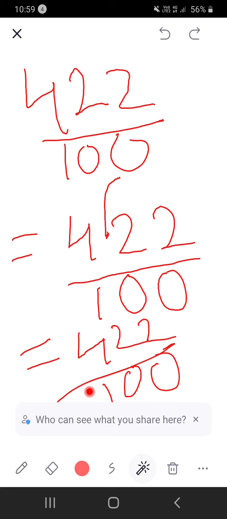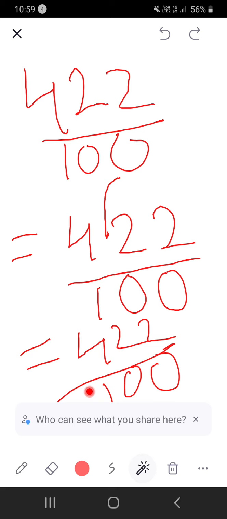Is it clear? Now children, in question number 3, again you have to convert a decimal number into a fraction, and then you have to write it in lowest form. Children, converting into lowest terms is very simple. You will see the common factors and you will cancel by them.